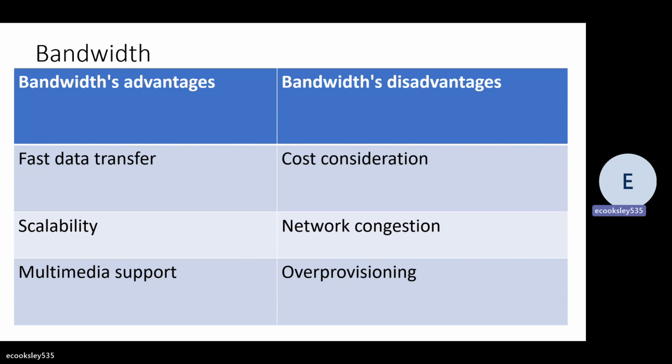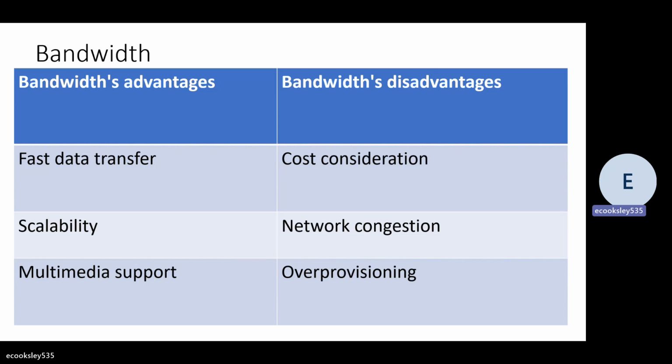Then finally, for our advantages, there is multimedia support. Adequate bandwidth is essential for supporting multimedia applications such as video streaming, VoIP, also known as Voice over Internet Protocol, and video conferencing. It allows for smooth and uninterrupted media transmission.